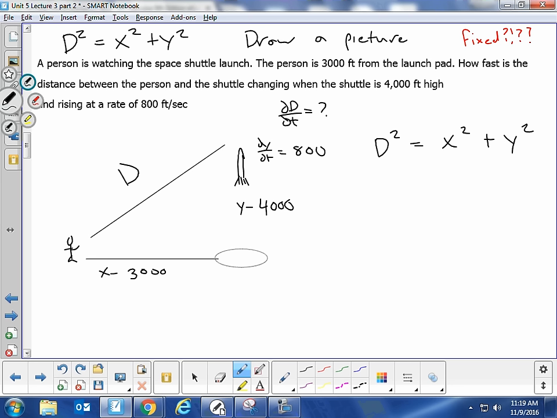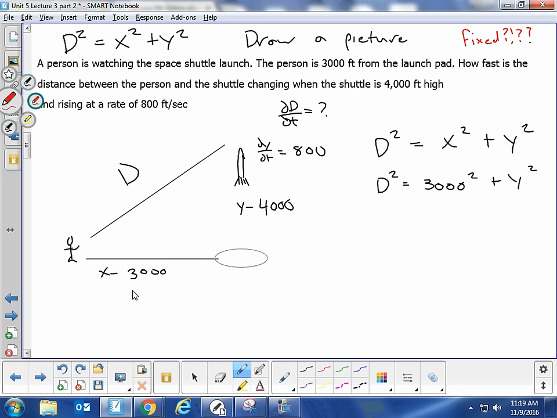Yes, this is the Pythagorean theorem. This works for all right triangles, but for this specific triangle, this will always be the case. What will always be the case for this specific triangle? Good. The x is 3,000. So for my specific situation with the shuttle and the person, I can plug in 3,000 for x.